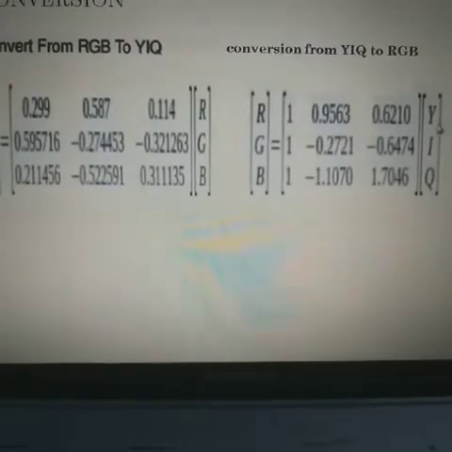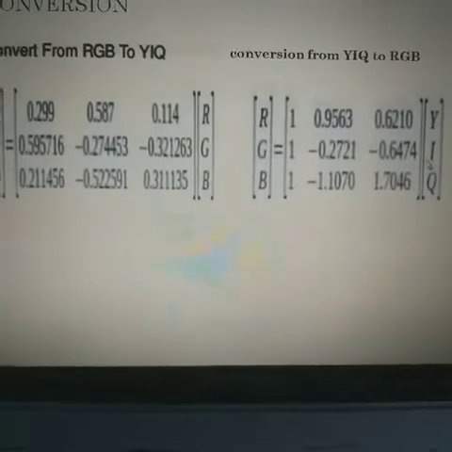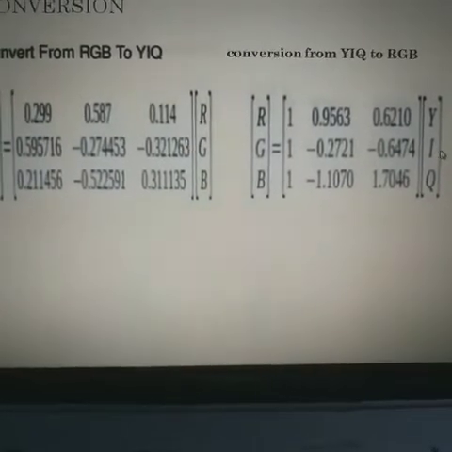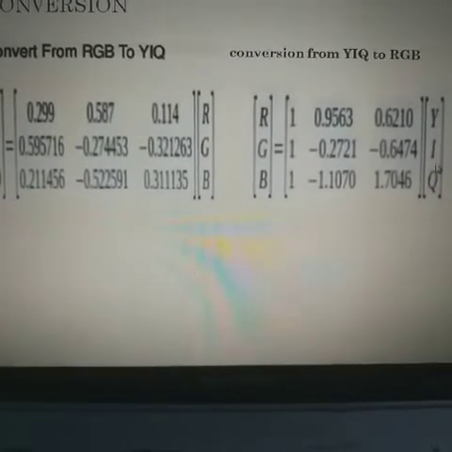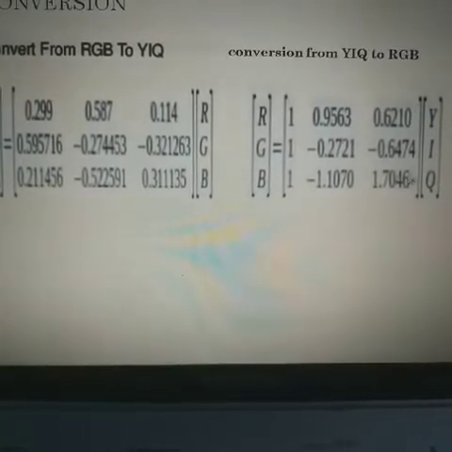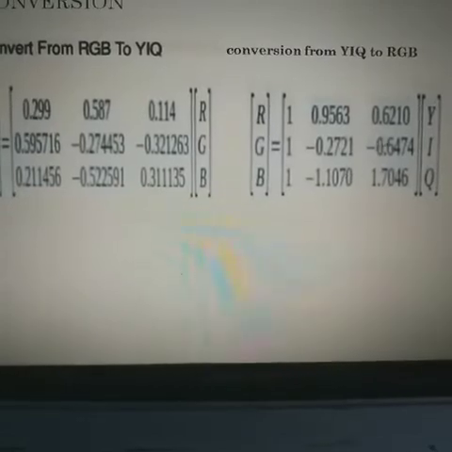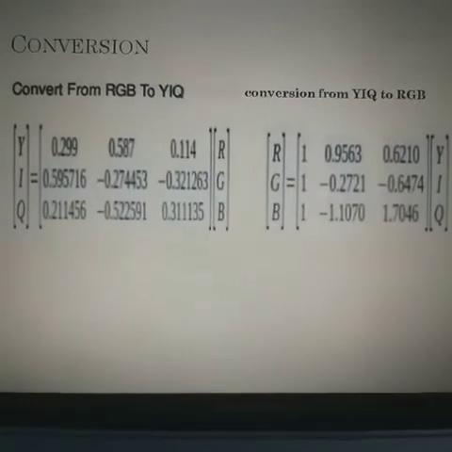Whatever the values of YIQ, the luminance values or the color values, we multiply the first row, then the second row, then the third row with the column. So we get these values with the conversion from YIQ to RGB.